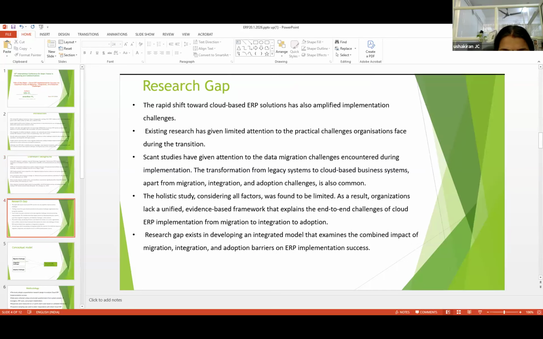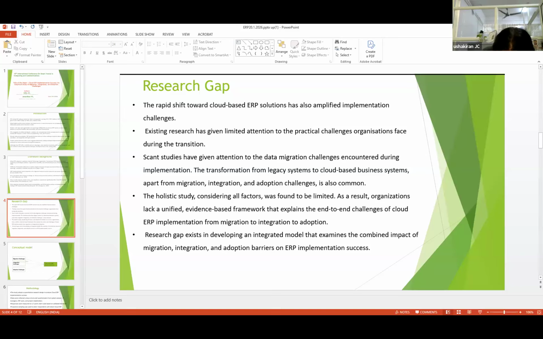So the research gap identified is that existing studies provide limited empirical evidence on the practical implementation of these challenges, and migration, integration, and adoption challenges are often studied in isolation. There is a lack of a unified and evidence-based model explaining end-to-end cloud ERP implementation success.